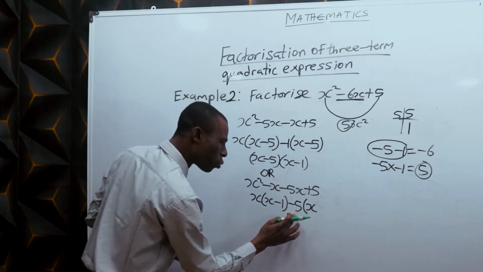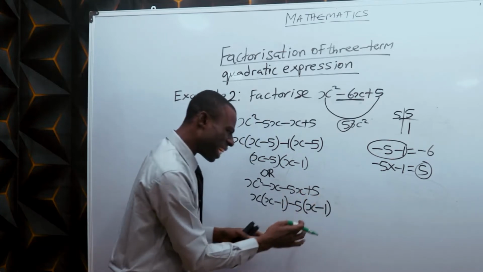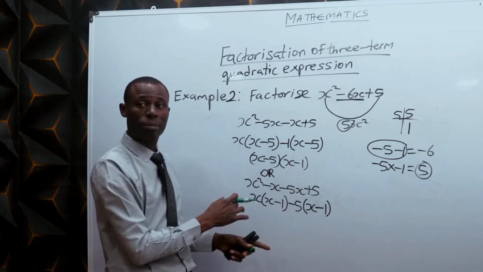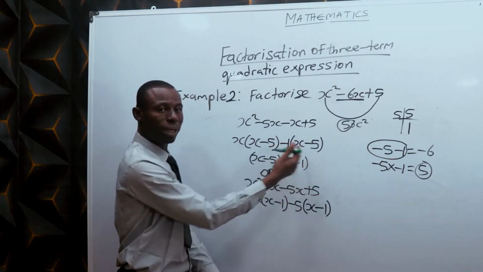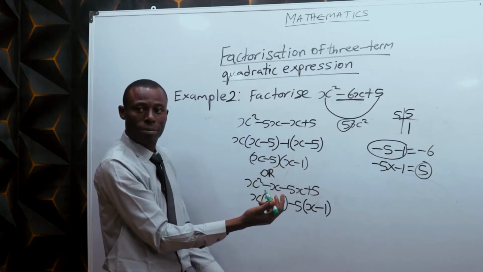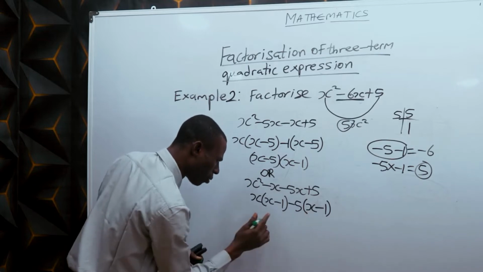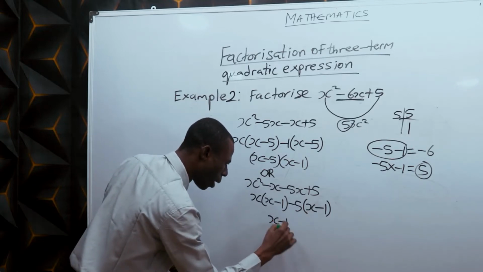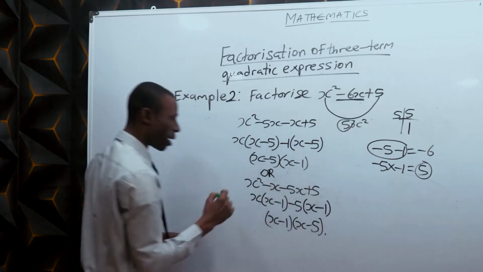Negative 5, use it to divide positive 5. It gives you negative 1. You can see that the inside of these two brackets also are the same. They are not the same as the inside of the former two brackets, but the process is the same, only the arrangement is not the same. So factorizing this, you have x minus 1 into x minus 5. The same answer.